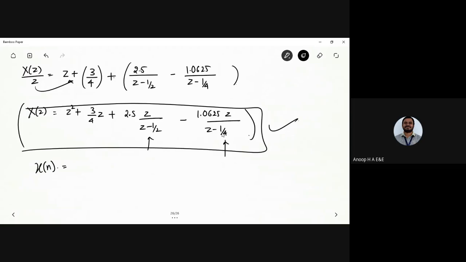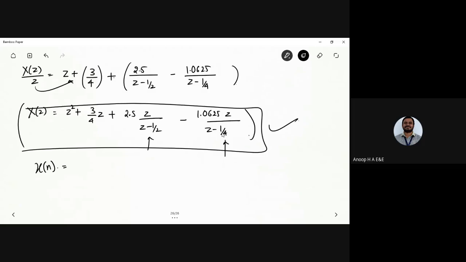Yes, for each and every expression, you are aware of the property of linearity. You can tell me what would be x of n. Yes, come on, you can go ahead and let me know what is x of n.